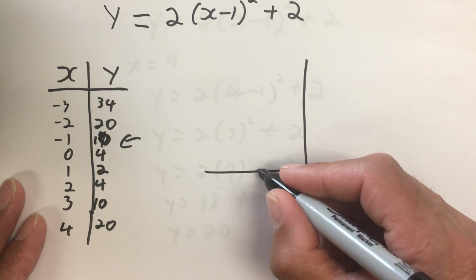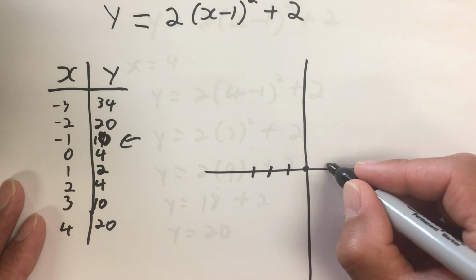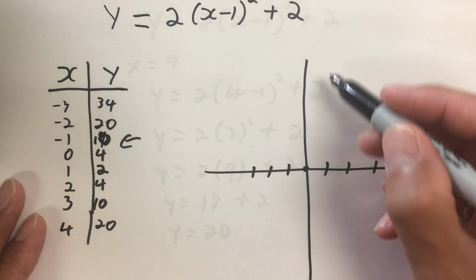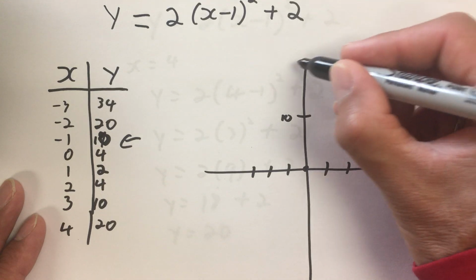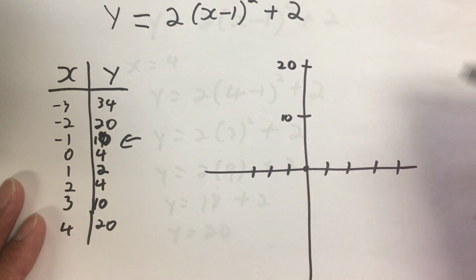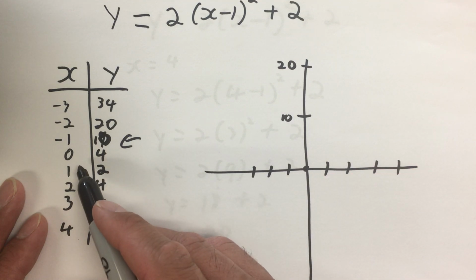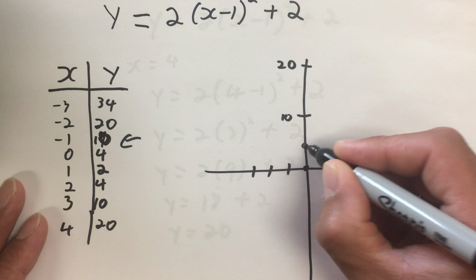I'm going to go negative 3, negative 2, negative 1, 0, 1, 2, 3, 4. And we want our values to go up, let's say to 20, so I'm going to make that 10 and make that 20. So if we have x equals 0, y is equal to 4, puts me here.